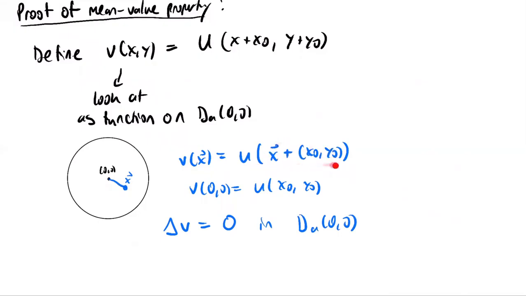But as soon as I shift by x naught, y naught, I'm inside the disk of radius a centered at x naught, y naught, and I know that u is harmonic there. Since the Laplacian behaves well with respect to translations, the Laplacian will be 0. So you get that the Laplacian of v is equal to 0 in this domain. If you don't believe what I just said, it might be helpful to pause the lecture and check it. It should be a pretty straightforward calculation.